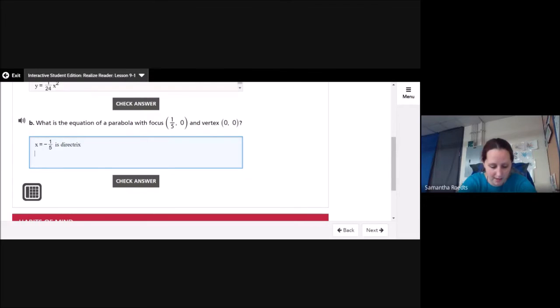So that means my formula is x equals 1 over 4c y squared. So this is my c value, which is 1/5.